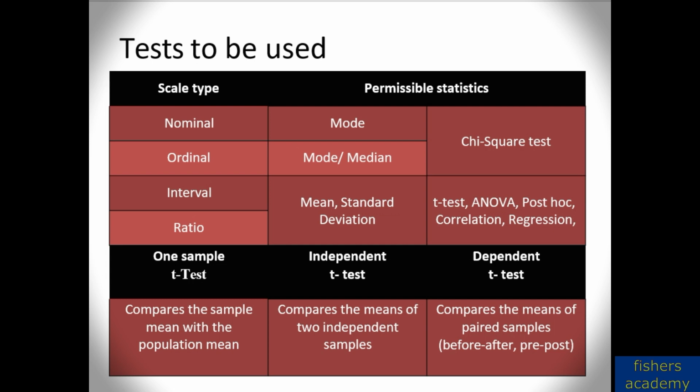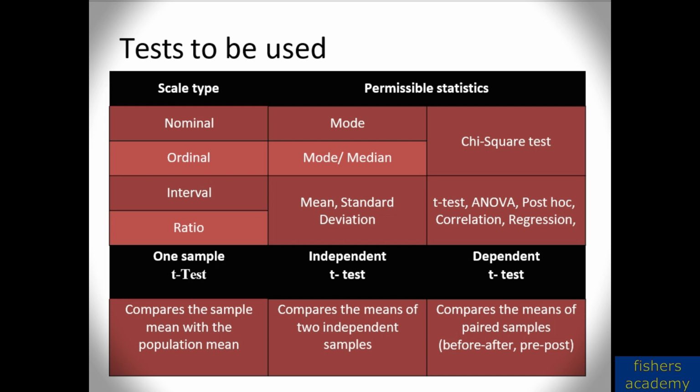Suppose you have hemoglobin levels of 100 patients attending a clinical trial, and the same patients after 1 month of some intervention, iron tablets, some nutritional food, and fenugreek and other supplementary items also given.